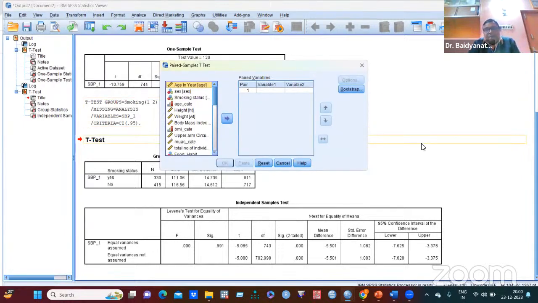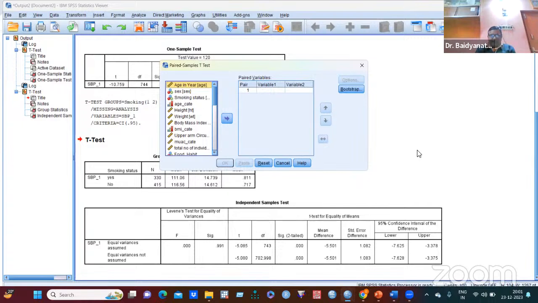So when we apply paired t-test, actually these are different points of the same observation. We take different points, different times of measurement. Suppose here are 745 individuals.